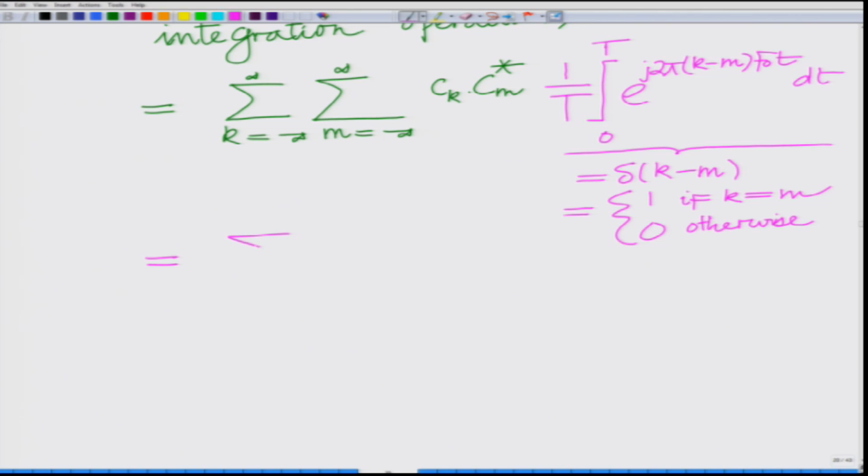So, this is summation k equals minus infinity to infinity, summation m equals minus infinity to infinity, Ck Cm conjugate into delta k minus m. Therefore, in this double summation the only terms that survive are those corresponding to k equal to m, because delta k minus m is 0 if k is not equal to m.